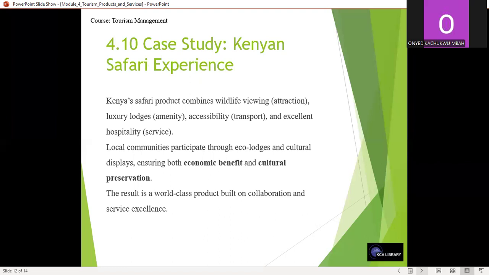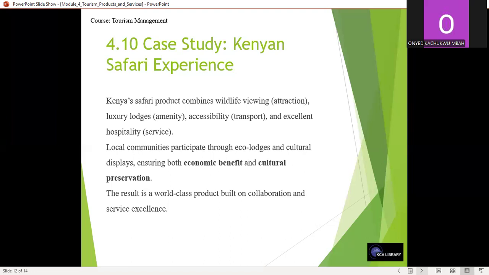Now for this module, we're going to have a case study, and our case study is the Kenyan safari experience. Kenyan safari products combine wildlife viewing, which is the attraction, luxurious lodges, which are the amenities, accessibility, that is the transportation, and excellent hospitality, that is the services.